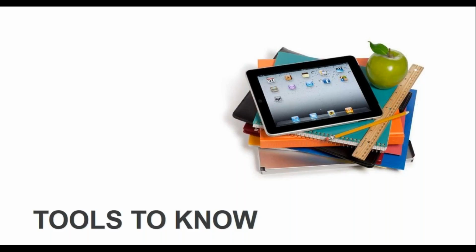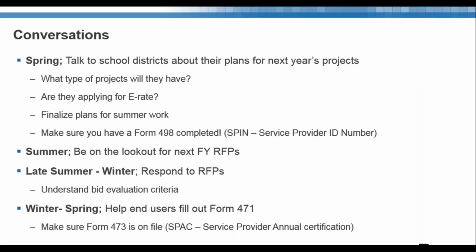All right, let's go over a couple of tools to help you navigate the program a bit and get some value out of it. So, conversations. This will help you understand the timing of when to do what for E-rate. In the spring, talk to your school districts about their plans for next funding year's projects.